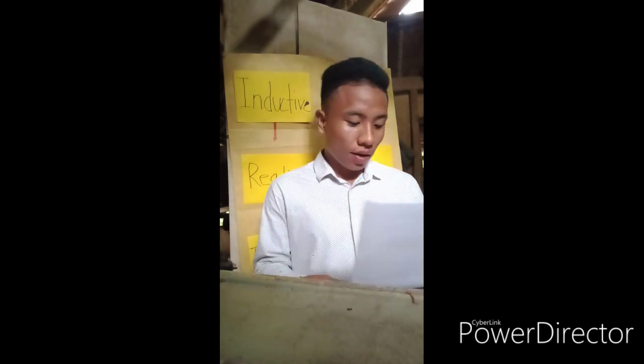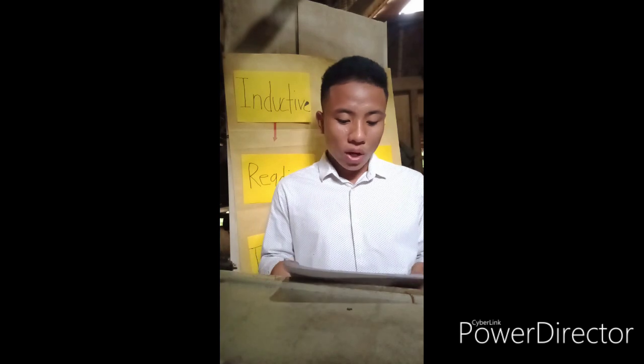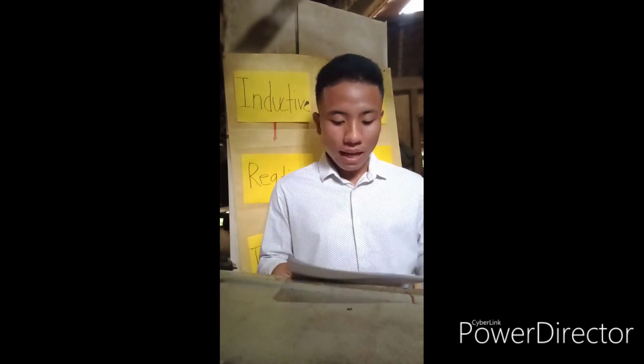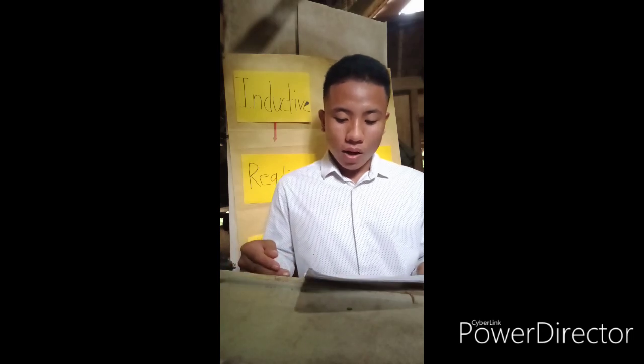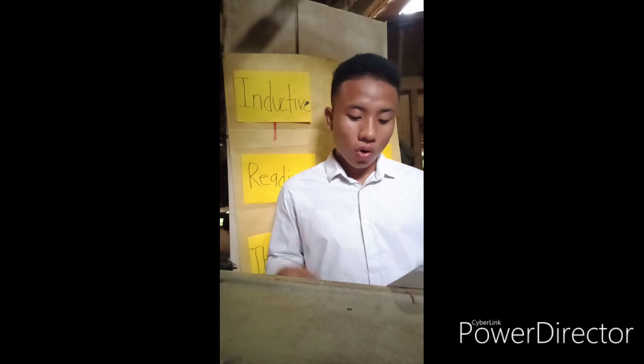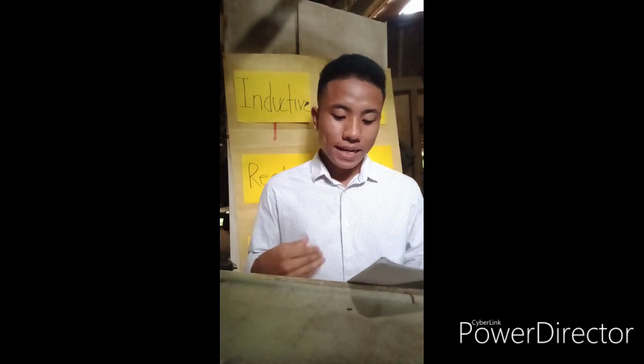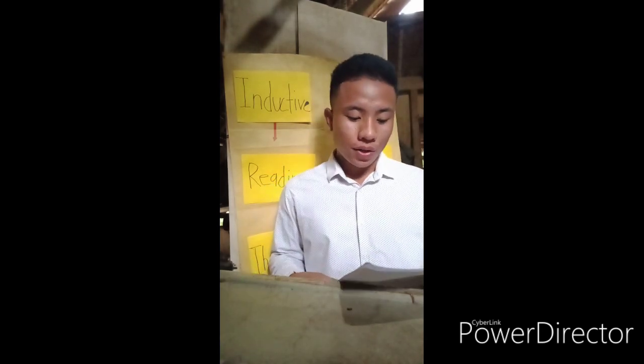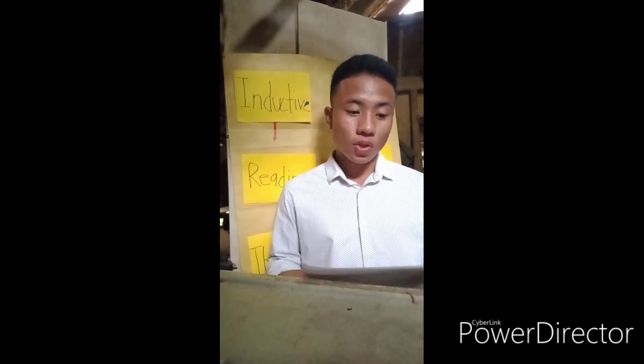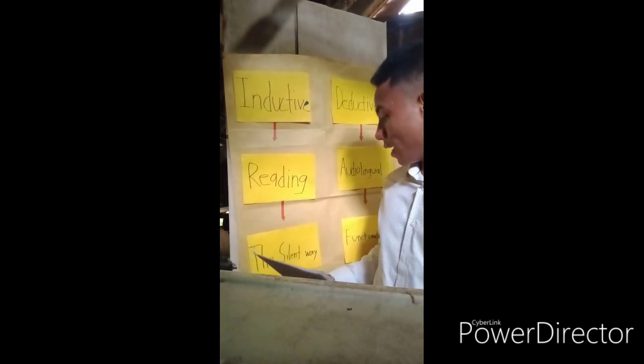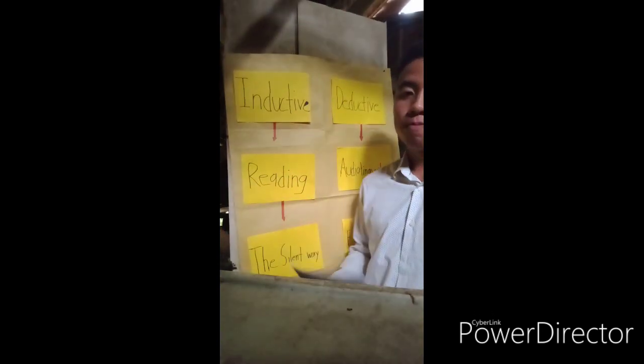And if that happens, they will already be talking to themselves. And if they are talking to themselves, they become independent and they will learn on their own. So that is the silent way approach.